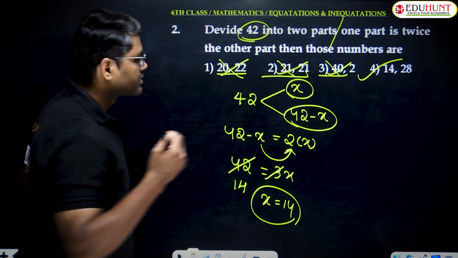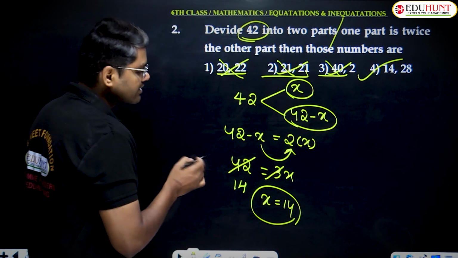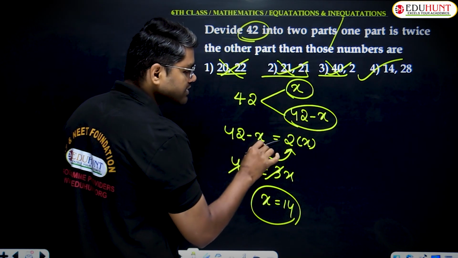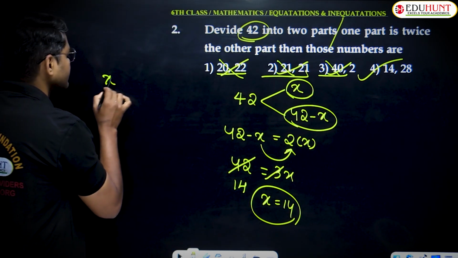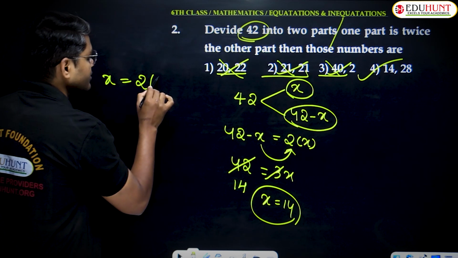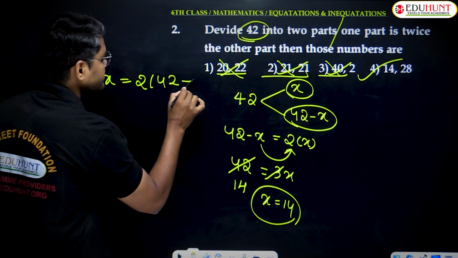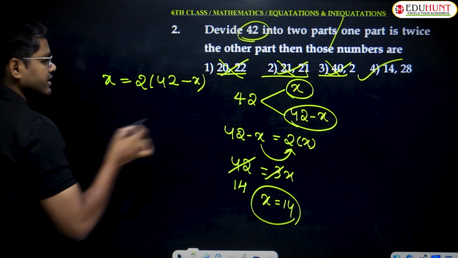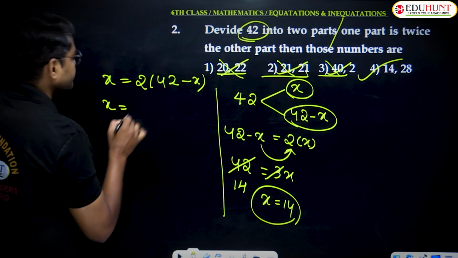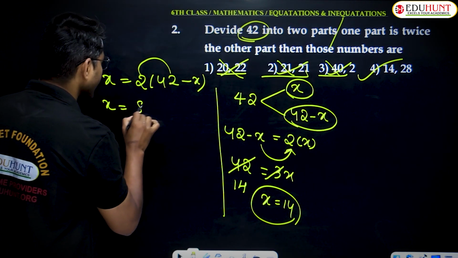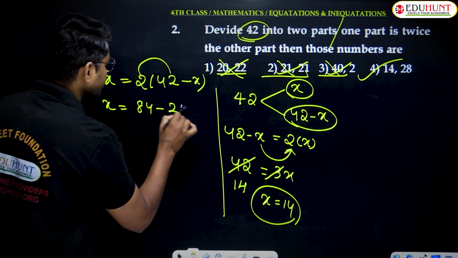You may get a doubt, sir, why should I take 42 minus x is equal to 2x only? You can take one number is twice the other, 42 minus x, in this manner also, and you will get the same answer. X is equal to 2 into 42, 84 minus 2x.